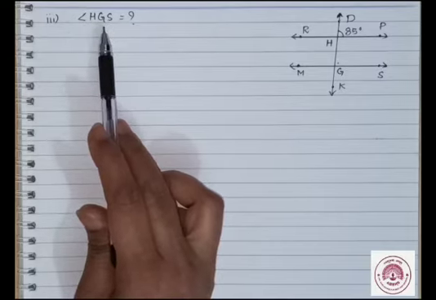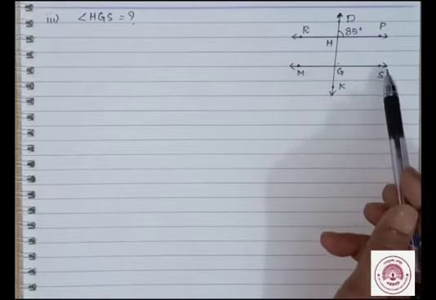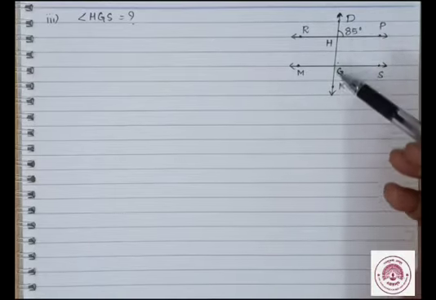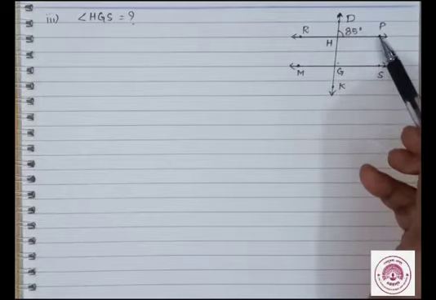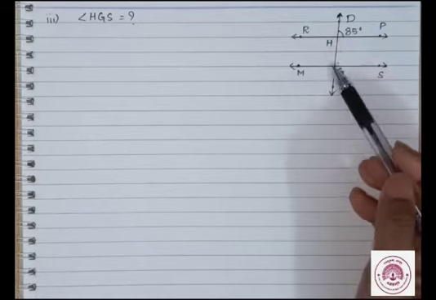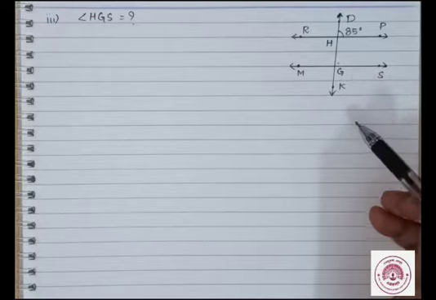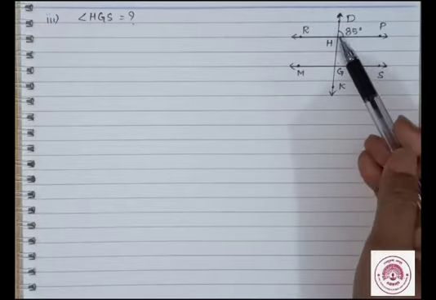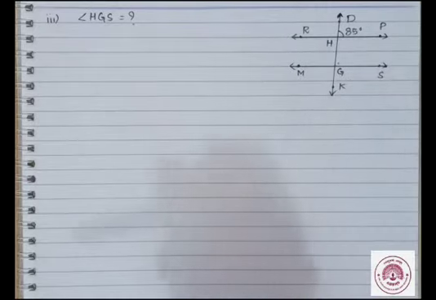To find angle HGS. Now here line RP is parallel to line MS and DK is the transversal. So angle DHP and angle HGS are corresponding angles, and corresponding angles are congruent, and therefore angle DHP is congruent with angle HGS.